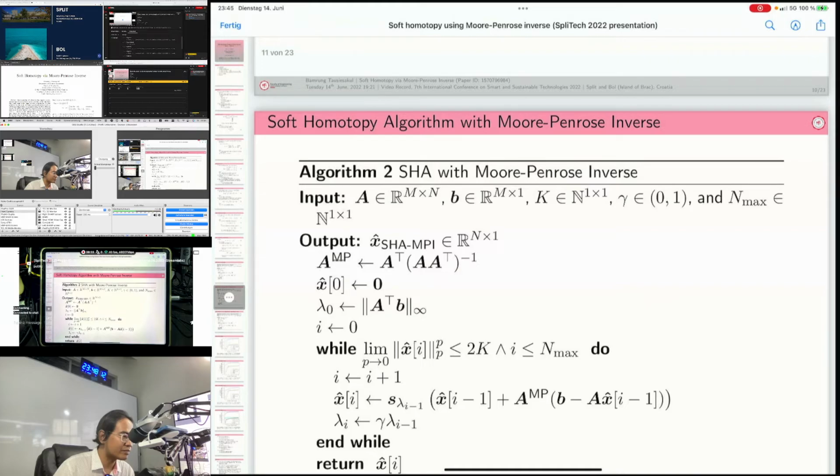You can see that our methods, the red one and the blue one, provide lower root mean squared relative error with respect to the number of non-zero elements. If we have more non-zero data, we are going to have a little more error like this. We compare it to the original soft homotopy algorithm.